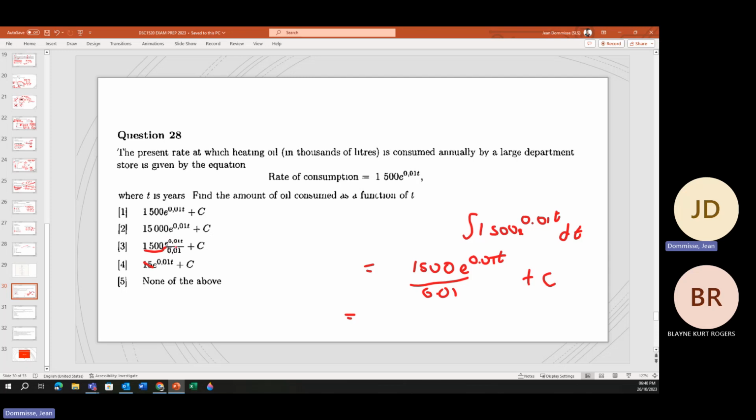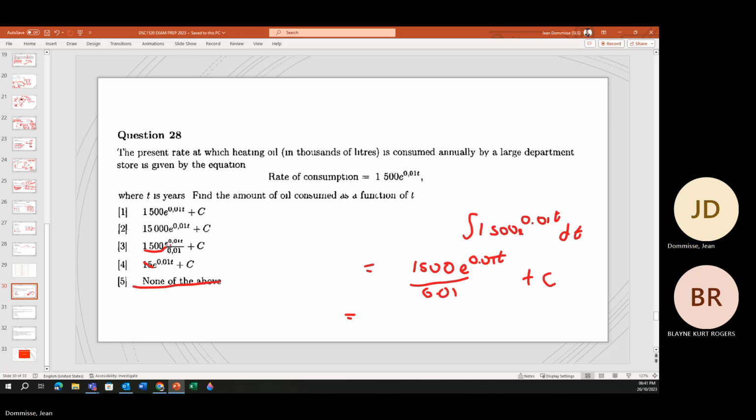So if that now is how they wanted it, you say none of the above, but that is just strange. So that is definitely the answer, but it might have been that they did that purposefully, that in this exam you needed to say none of the above.